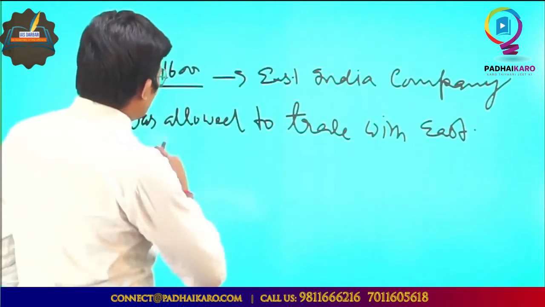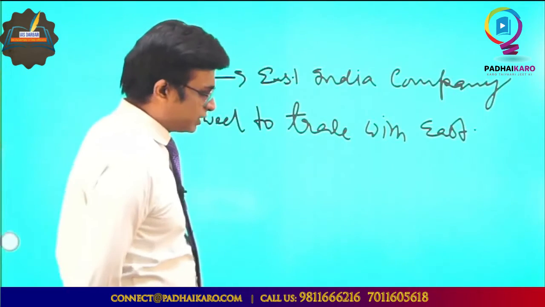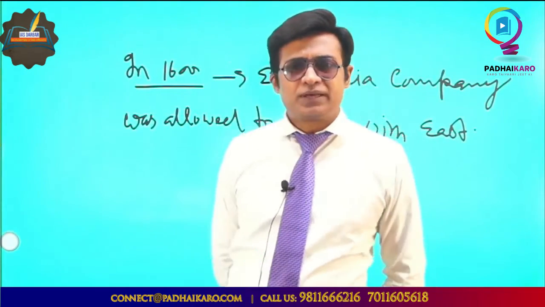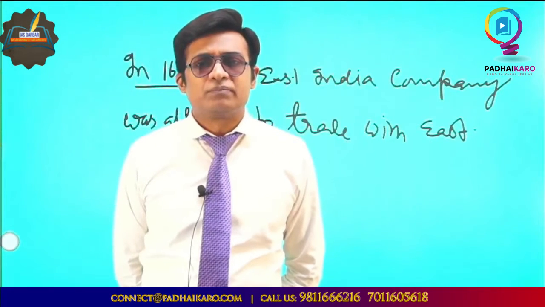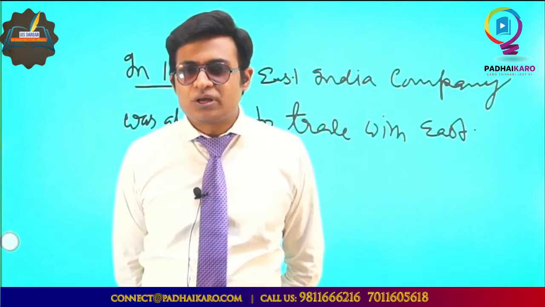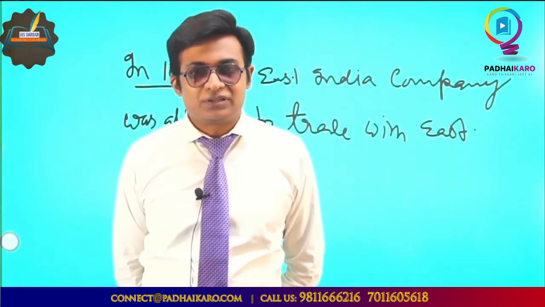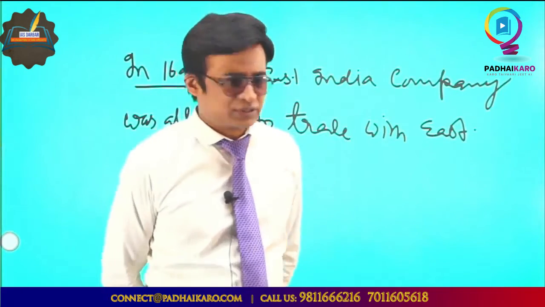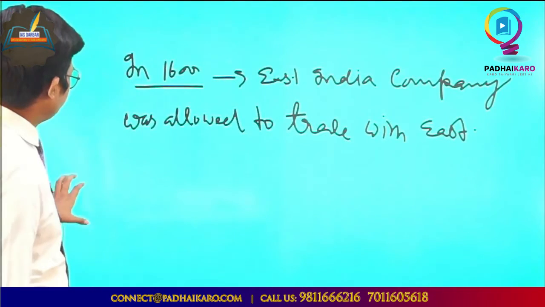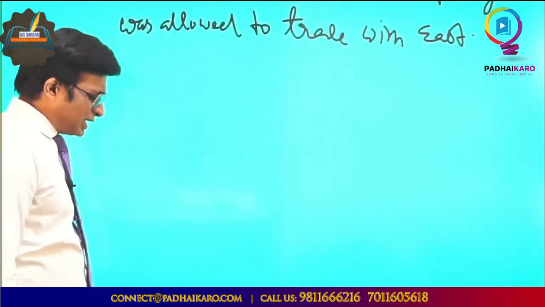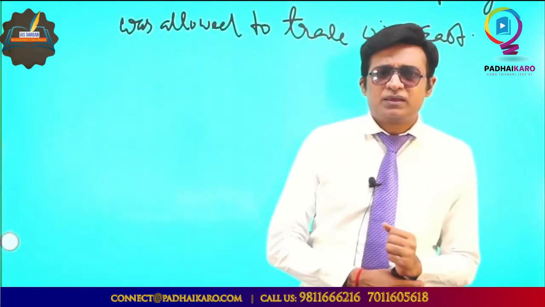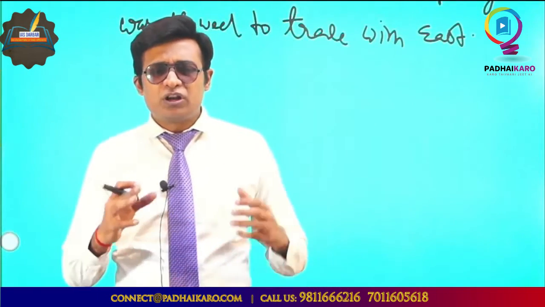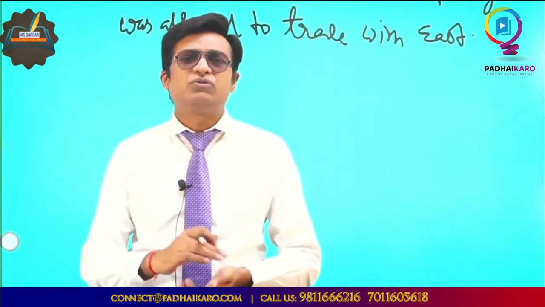How was the trade of East India Company different from earlier trades? Because East India Company came to trade with India, but it found some loopholes in Indian polity. In Indian rulers, they found some loopholes. What type of loopholes they found? When East India Company came to trade in India, suddenly they found that these smaller rulers in India were fighting with each other.